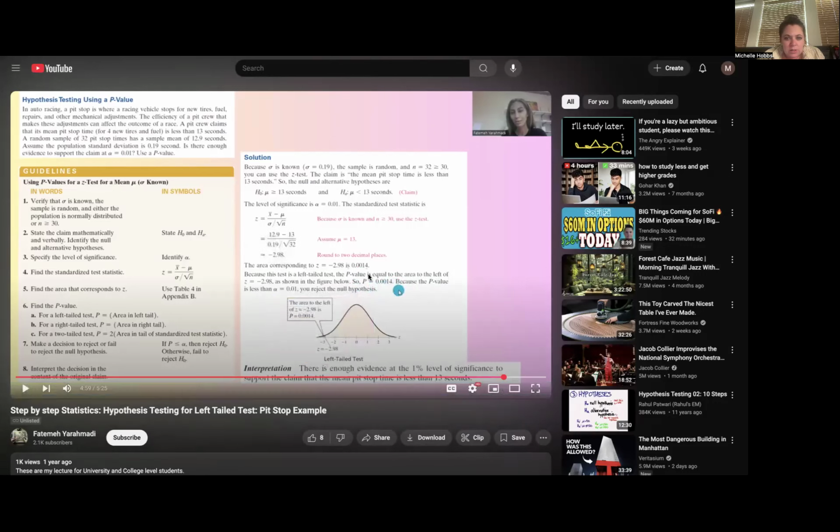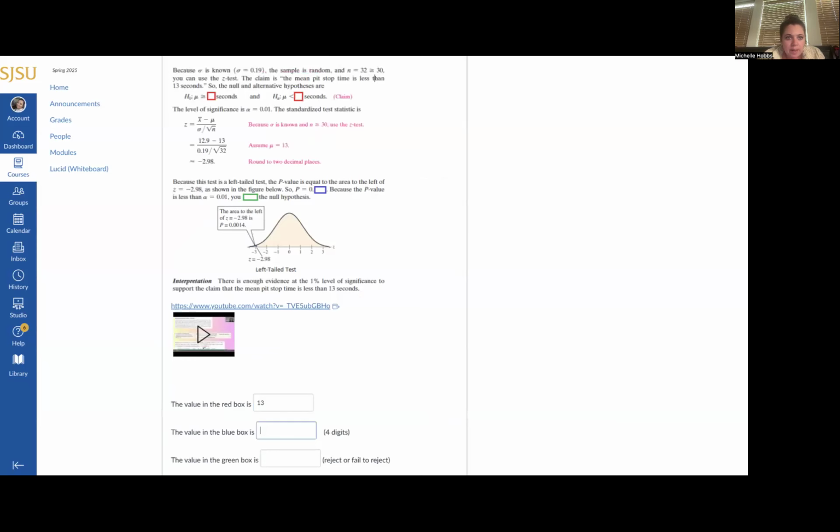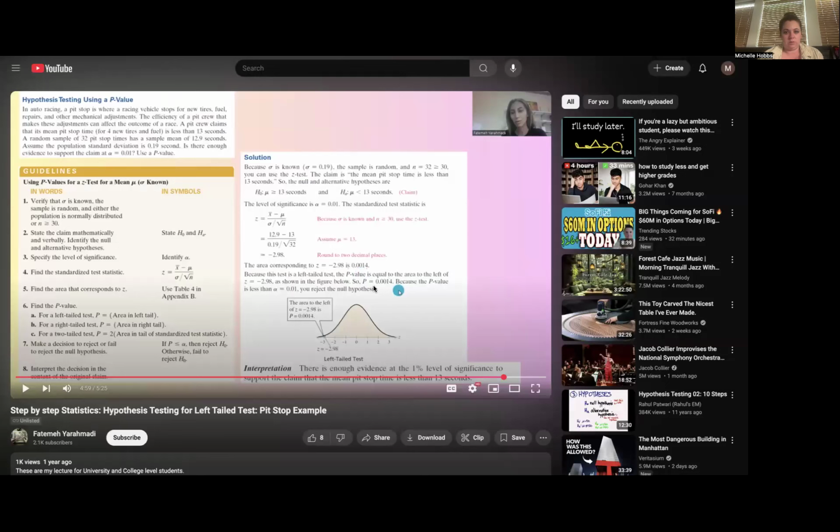The mean is less than 13 seconds. And then because this is a left-tailed test, the p-value is equal to the area. So p equals 0.0014.